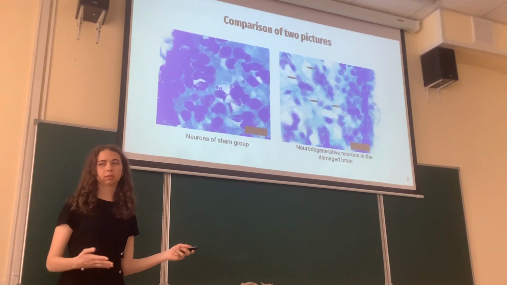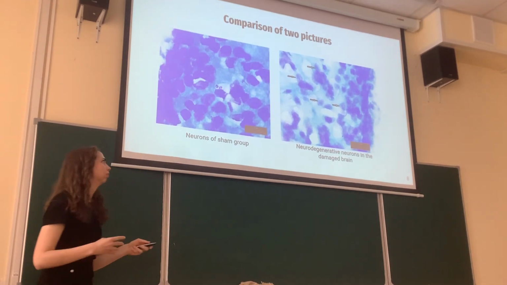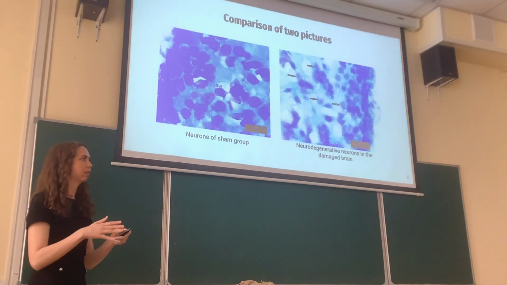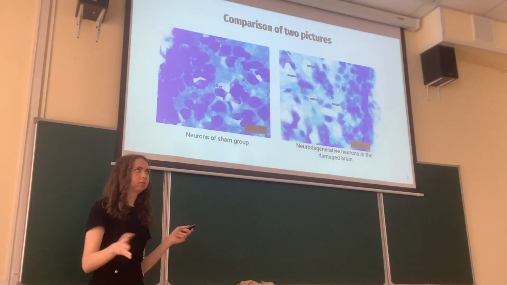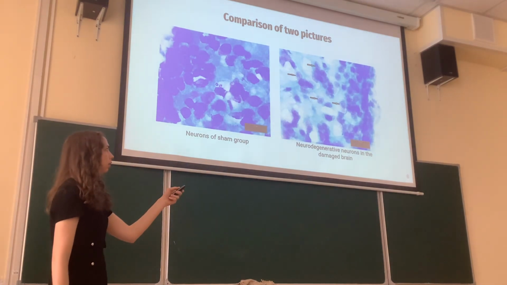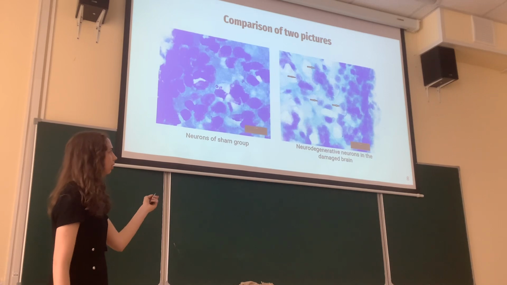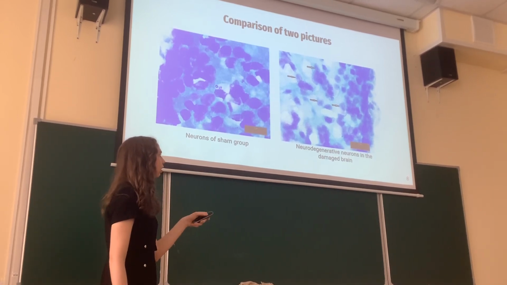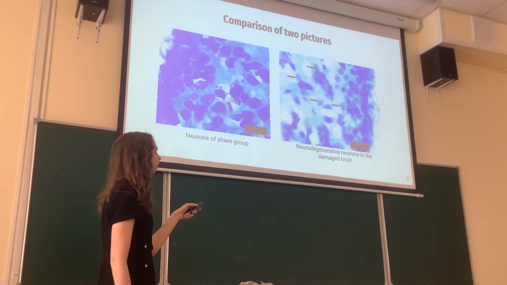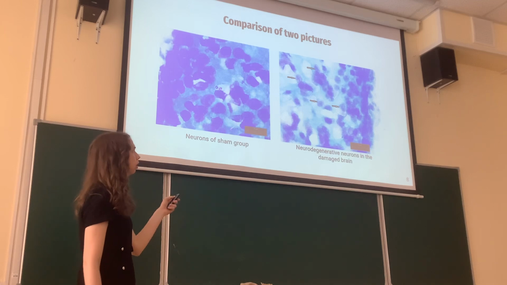These are the neurons of the fish that were damaged, and then we observed their brains after 30 minutes. These are the neurons that live, and these are the neurons that are dying. The arrows show them.